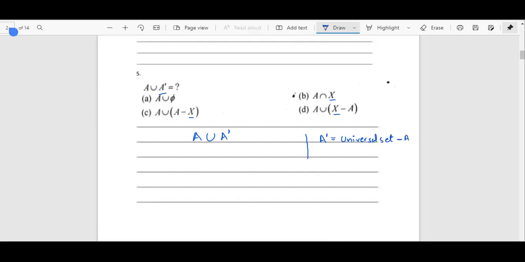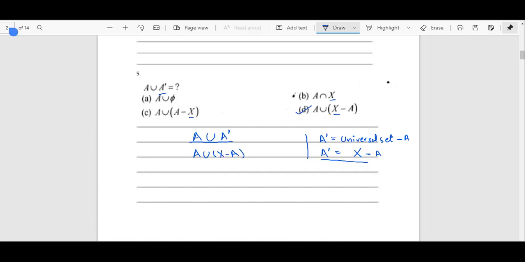minus A. So I can write down universal set as X, because when I'm looking at the options, the only alphabet other than A is X. So that means that here they are considering X as the universal set minus A, right? So I can use this over here. So A union X minus A is basically going to be the answer, which is D, right?